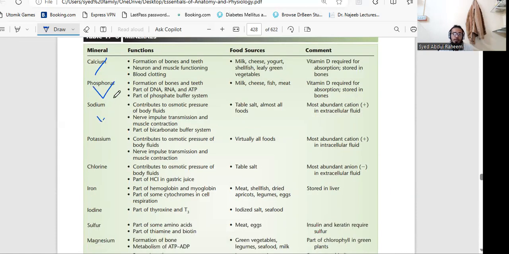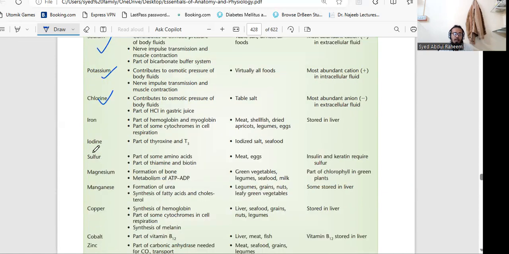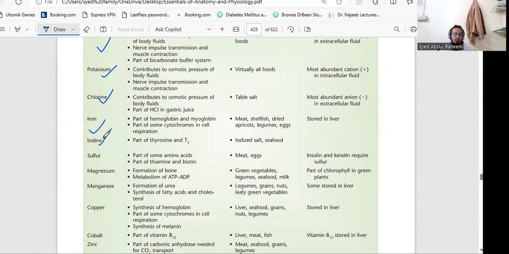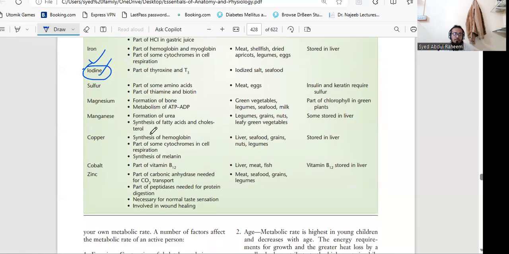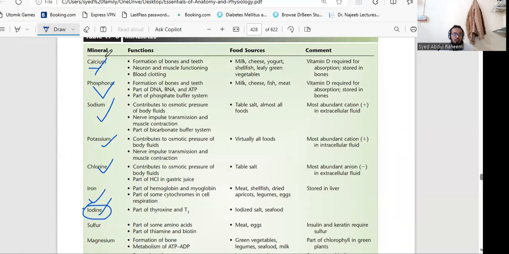Next, with the minerals, calcium is very important. Phosphorus, sodium, potassium, chlorine, iron, iodine. Nowadays iodine is very important because of the thyroid. Magnesium, manganese, copper, cobalt, zinc. Calcium and phosphorus are very important for bone density and bone health.